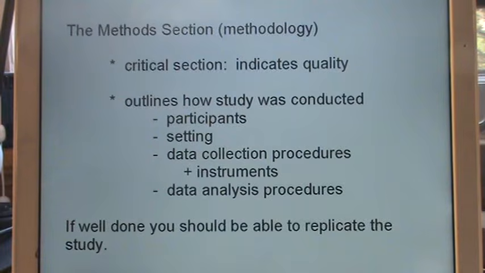Those are data collection instruments also. And if there are data collection instruments, then they should address the reliability of those instruments. And then it should outline the data analysis procedures. How are they going to analyze the data once they've collected it? And again, if it's well written, then you should be able to replicate it.